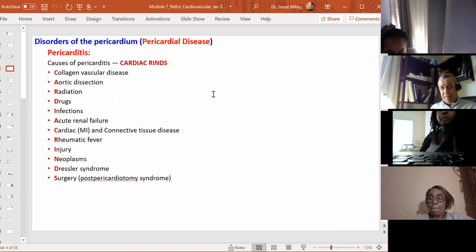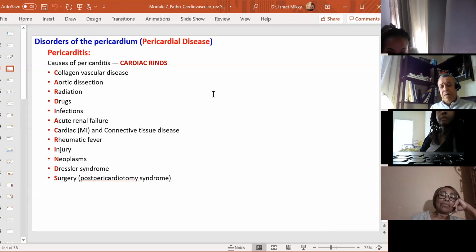Patients tend to develop Dressler syndrome, believed to be an autoimmune response. So this disease could also result from Dressler syndrome post-acute MI, or rheumatic fever, or rheumatoid arthritis, or lupus, systemic lupus erythematosus, SLE.